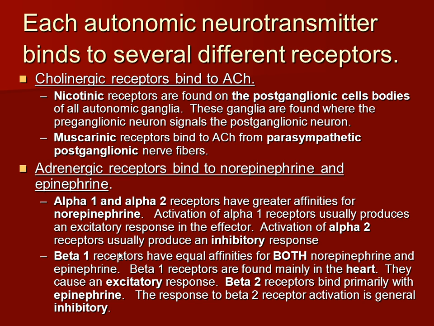The beta 2 is the only exception. Beta 2 is a 4-fingered glove. Will epinephrine fit in it? Epinephrine's small. You can think of it this way too: norepi is a big word compared to epi, which is small. So which one's bigger? Norepi. Epi's a 4-fingered hand, so will it fit in a 4-fingered glove? Epinephrine fits perfectly into a beta 2 receptor.